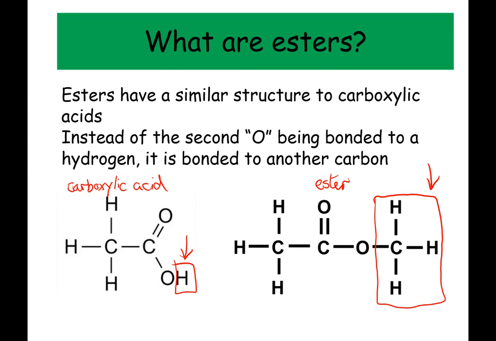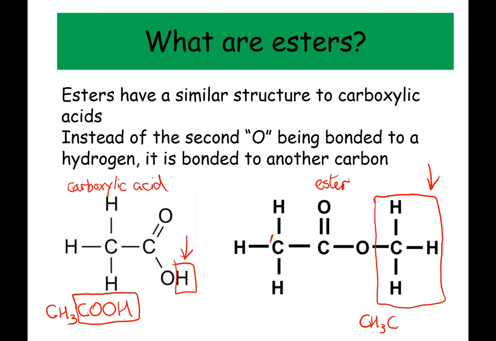If it's written out as a structural formula, like this, CH3 is the first thing, and then COOH for the carboxylic acid. If the COOH has an H on the end, that tells you it's a carboxylic acid. Whereas for the ester, the first thing is the carbon with the 3 hydrogens attached to it.